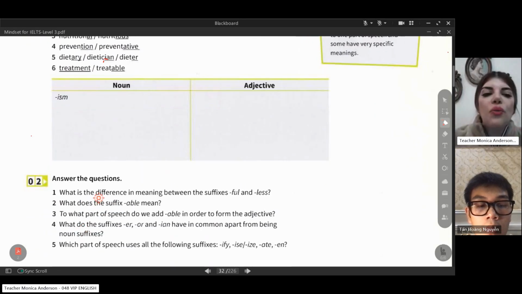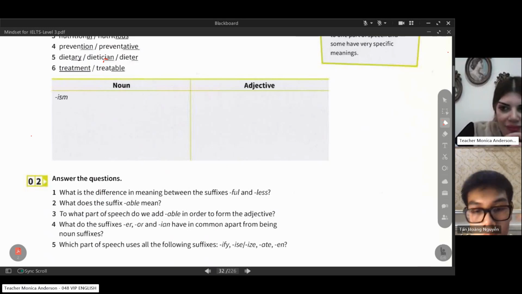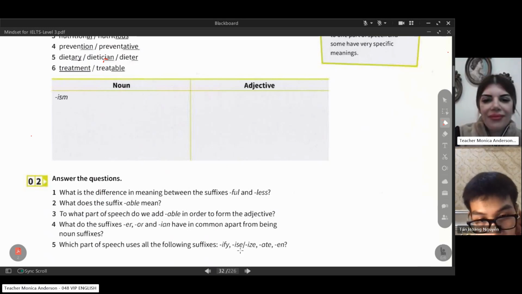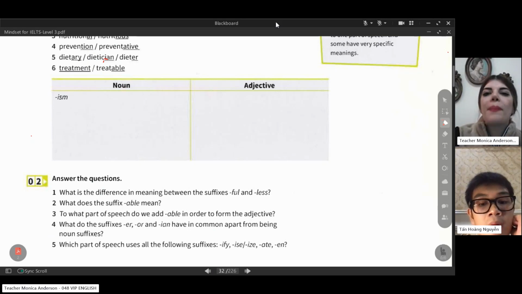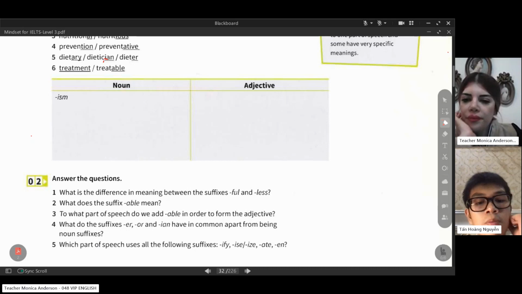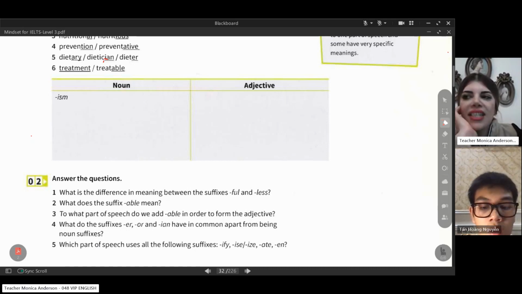The first question: what is the difference in meaning between the suffixes full and less? I think full is about something positive. Yes, positive, of course.